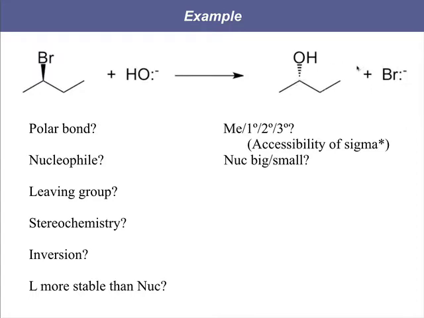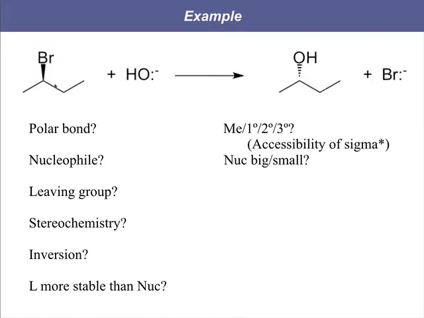So let's look at this reaction from the perspective of our mechanism. Do we have a polar bond? That is to say, do we have a location on our substrate where carbon will be positive or partially positive, and the nucleophile with its lone pair and negative charge will be attracted to that carbon?